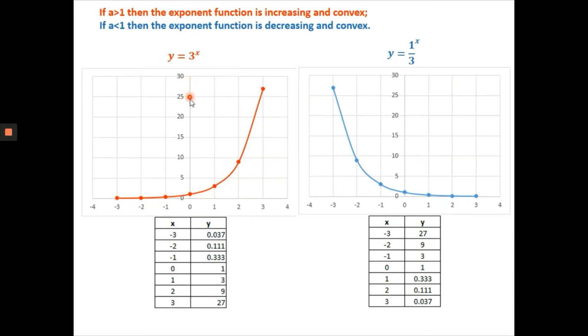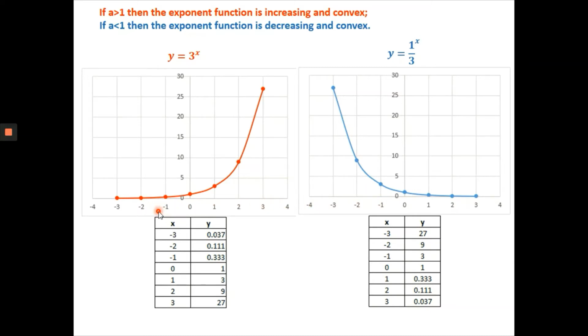We say more formally that the range, the y values, the range is all positive real numbers. And then the domain, which is the x values, and if we just look at these two graphs here, we can see that the domain is all real numbers, positive and negative.